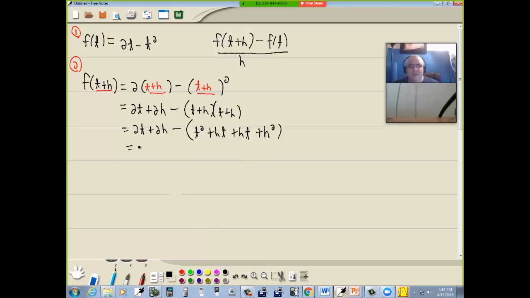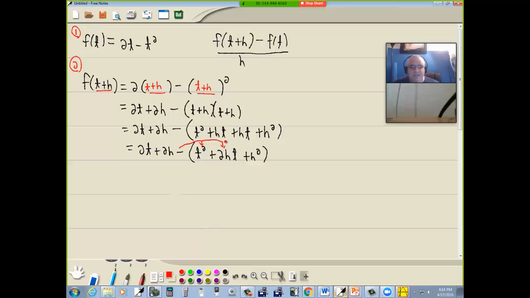which gives us 2t plus 2h minus, and I'm keeping the parentheses around this because this minus has to change the sign of everything that follows it. And then I got t squared plus 2ht plus h squared. Now, there's no more like terms to combine inside here, so I'm going to take this negative and carry it through.